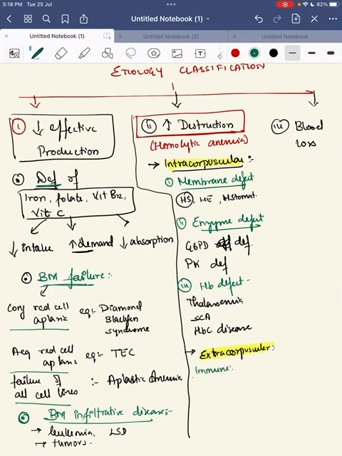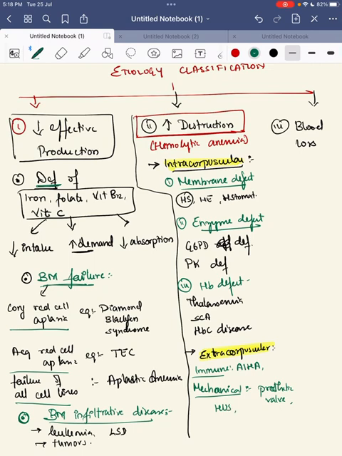Immune mediated is like autoimmune hemolytic anemia, or acquired hemolytic anemia. Next, it can be mechanical cause. So mechanical causes are when the child has a prosthetic heart valve, or HUS.